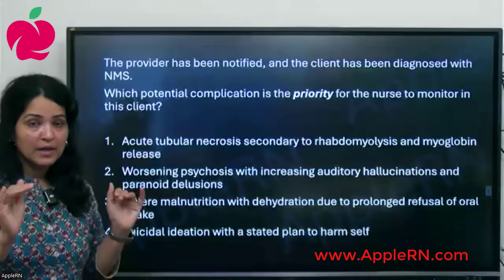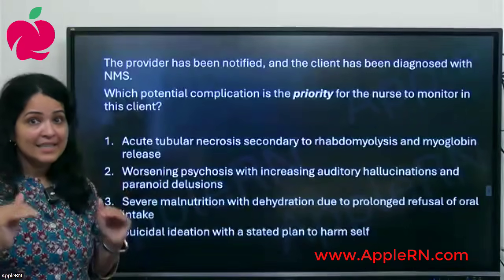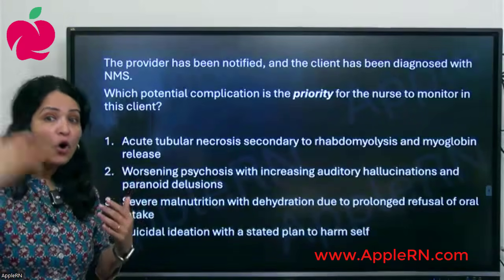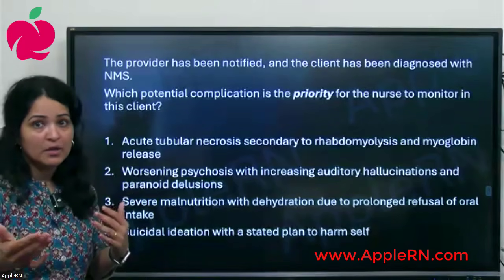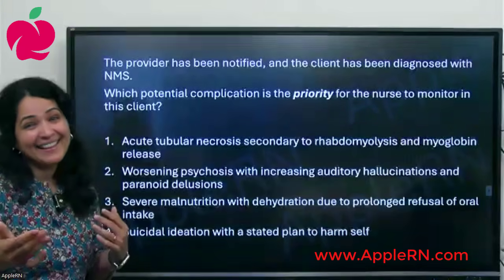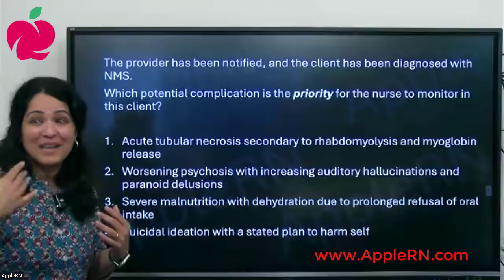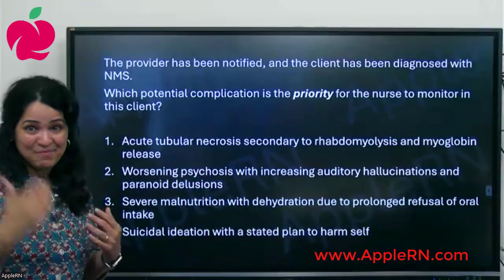In simple wording, for a patient with neuroleptic malignant syndrome, what is the potential complication I should be worried about? Does that make sense? I think that makes sense now that I am breaking it down a little bit more.